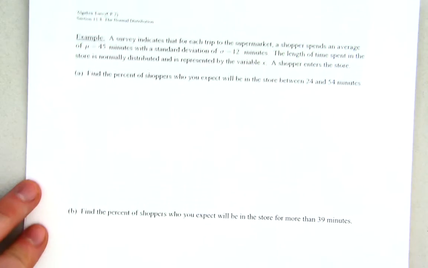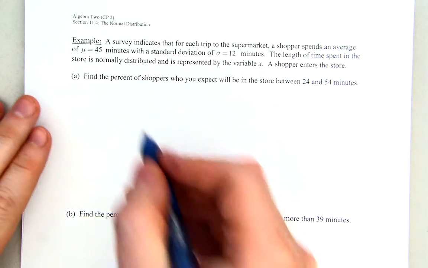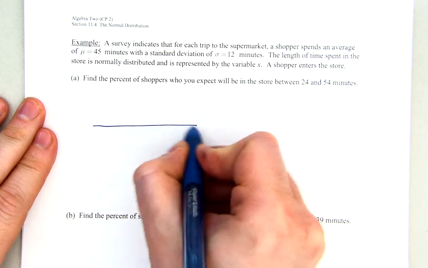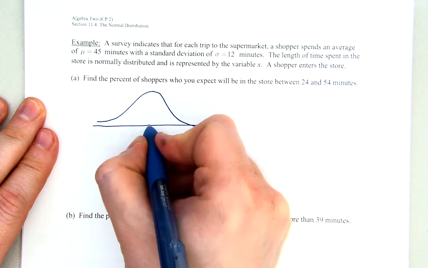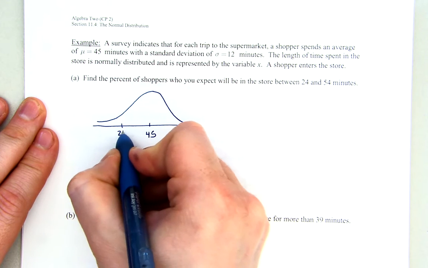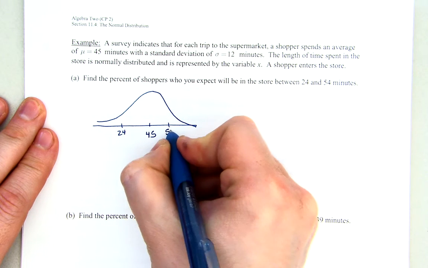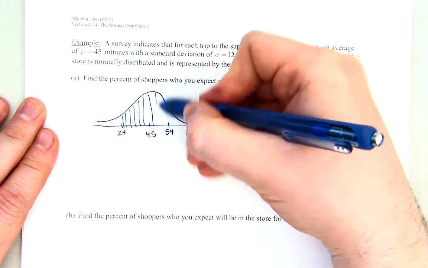Read through the problem that you see on the top of the next page and try to draw your normal distribution. So my mean is 45, and I want to deal with people in the grocery store between 24 minutes and 54 minutes. So I want this shaded region over here.